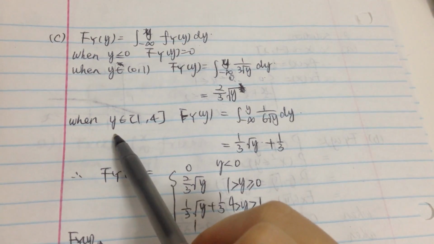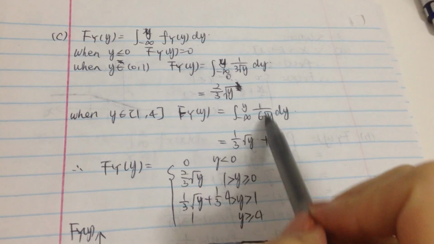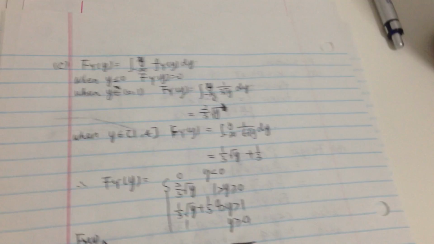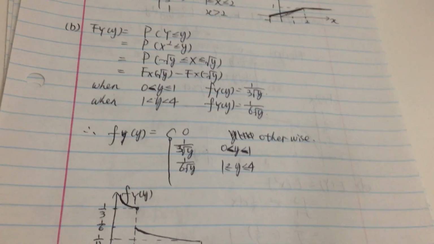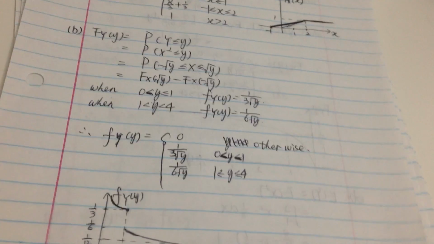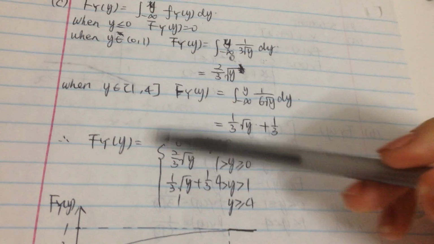And if y is in the range from 1 to 4, the distribution function could be written into this. Obviously, all these are computed from the density function of y. So the distribution function could be written into this.